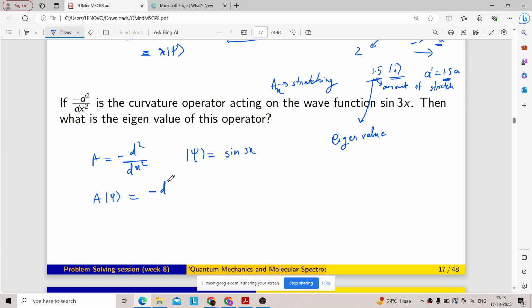Minus d square over dx square on sine 3x. Let me do one derivative at a time, so it's d over dx. After the first derivative, what will happen? What is the derivative of sine of 3x?